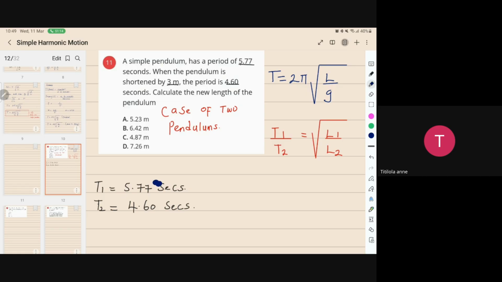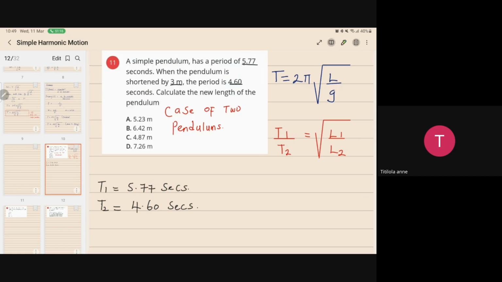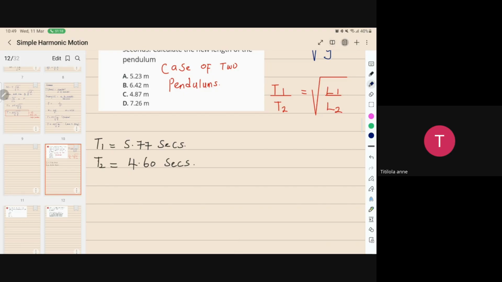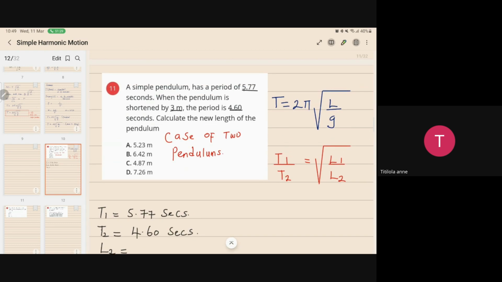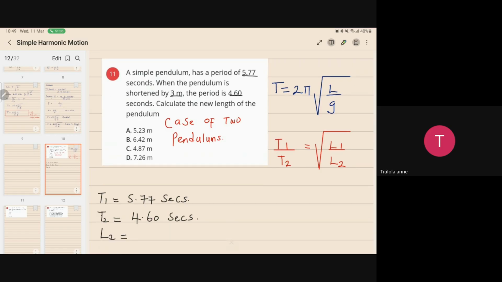Then T1 is 5.77. Now, I want to do some acrobatics. It means that the new length, I pray you guys will understand this. Now, the new length L2, according to what we have from the question, they said the pendulum is shortened by 3 meters. Let me make a statement.